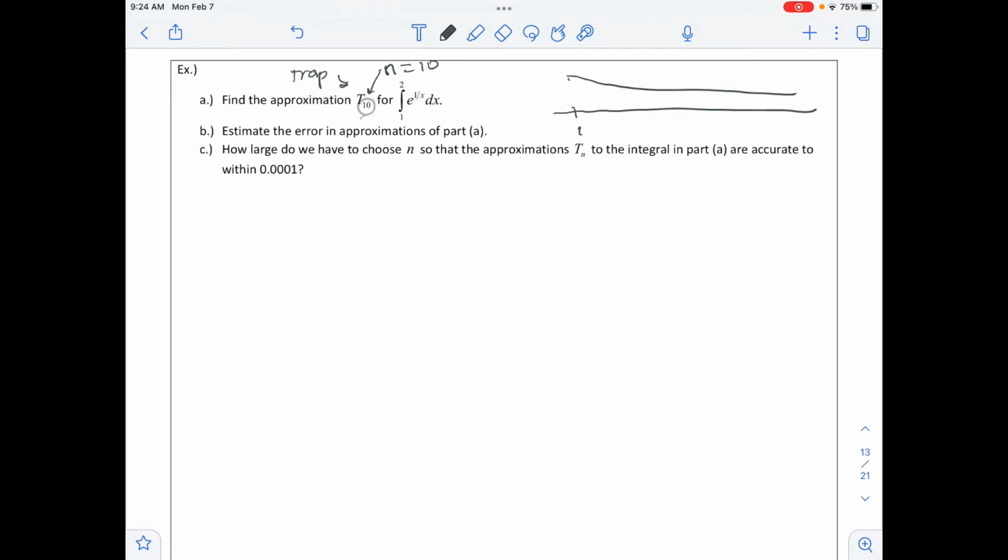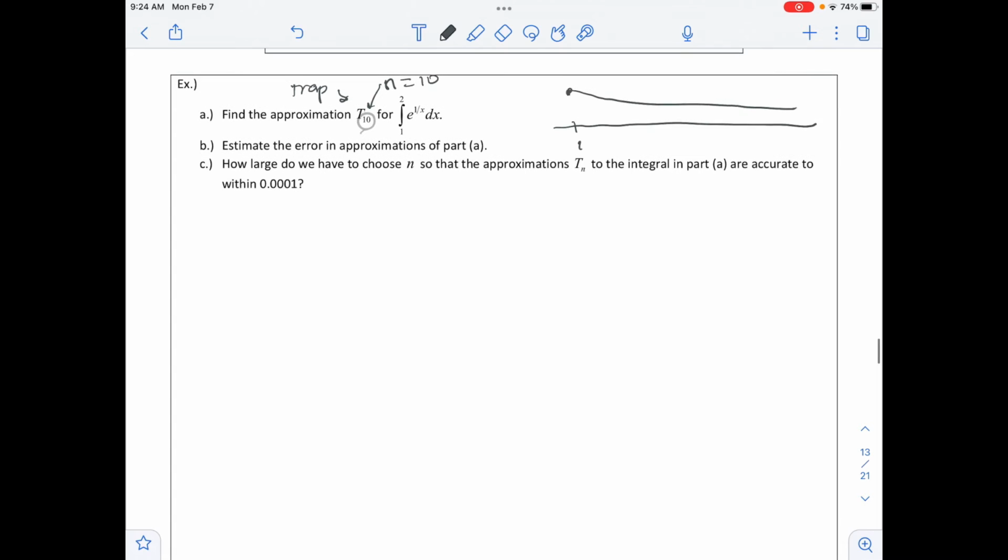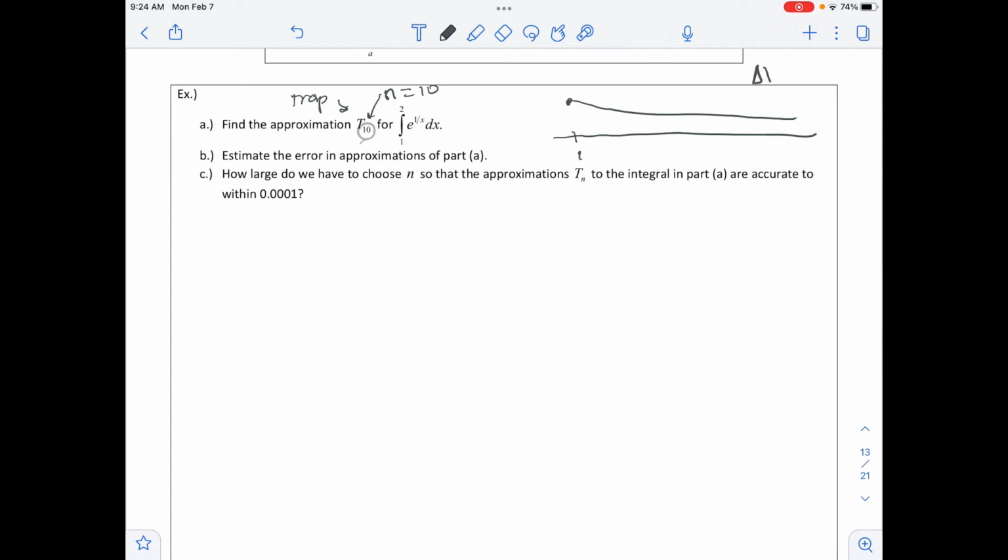Our delta x value would be equal to (b minus a) over n, so 2 minus 1 over 10, or 1 over 10. And so we're going to be counting by 1/10.